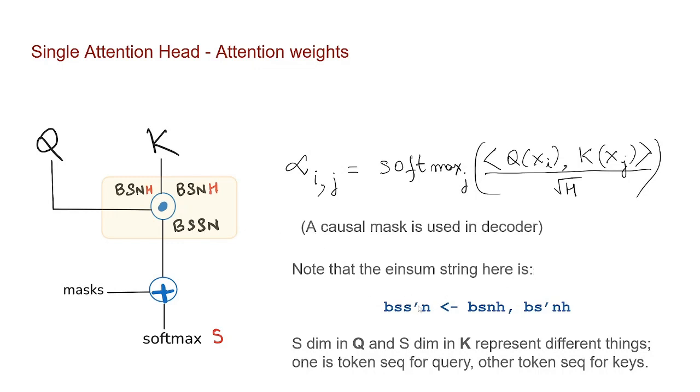And a better way to represent this is by this einsum string. So the output BSS'NH, for more clarity, because S and S' represent different things, is coming from BSNH and BS'NH. So that's one small thing.